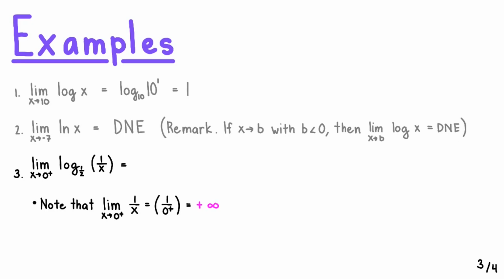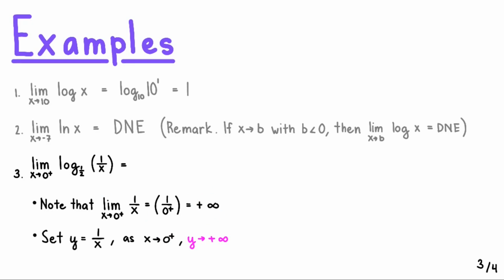And given this, since we know the limit inside, we can actually rewrite this limit out here. So we can set y to be equal to 1 over x. And what happens? Observe that as x approaches 0 from the right, y approaches positive infinity.